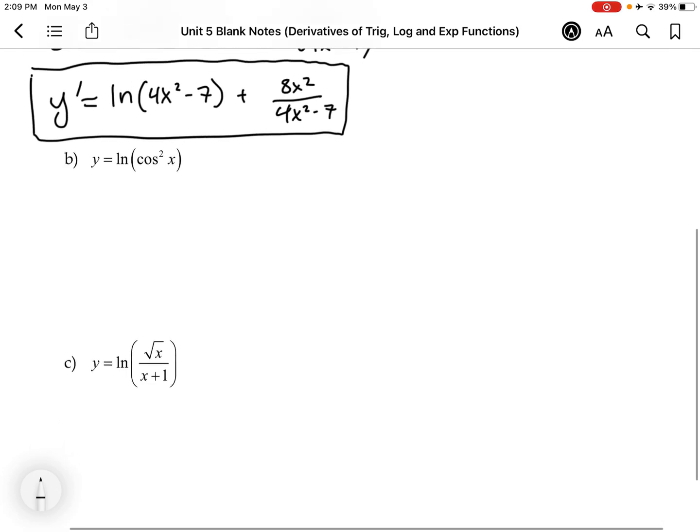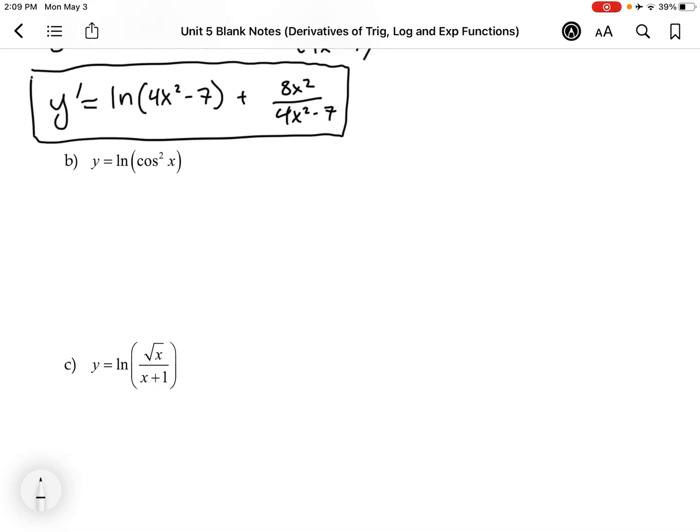In our second example, we have to use our chain rule because we're looking at y equals ln of another function. Before I do that, I would write this as the ln of cos x squared.